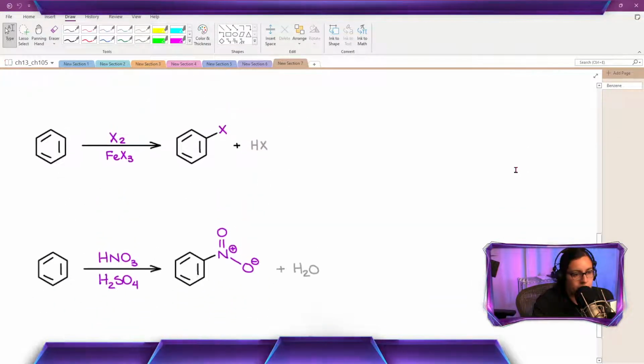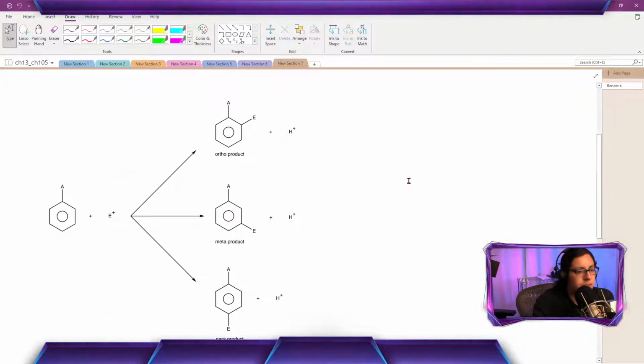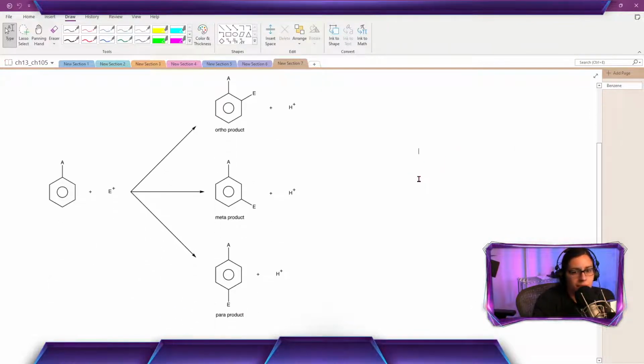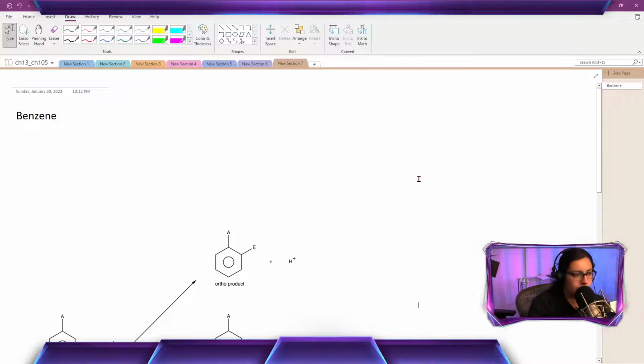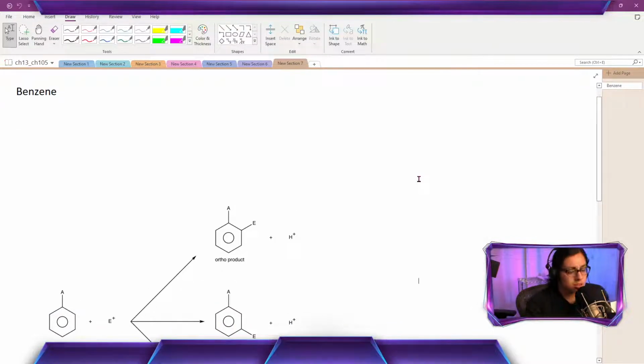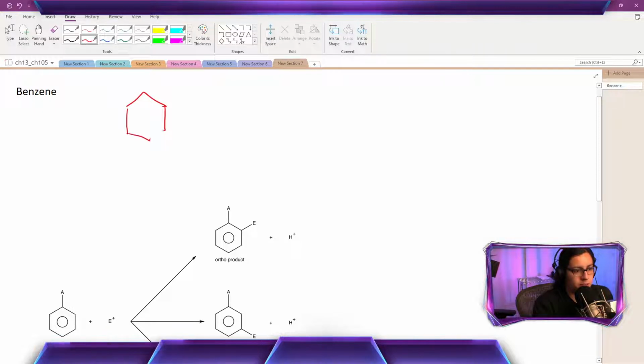Let's look at our last set of reactions. And so now we're looking at benzene and its derivatives. So benzene is really important. I think we've brought it up a few times. So this is benzene. It's an aromatic solvent. It's also carcinogenic.